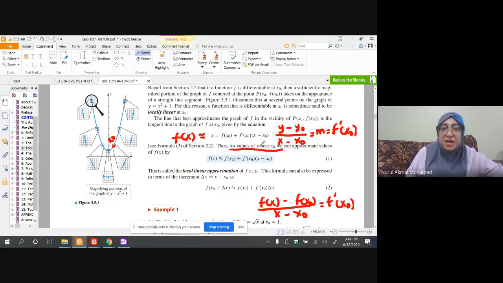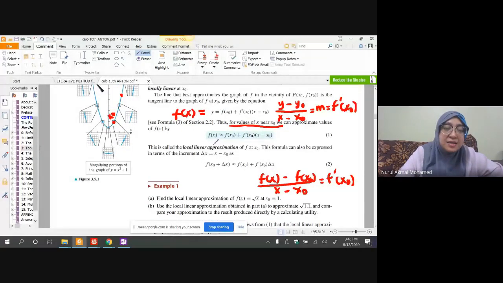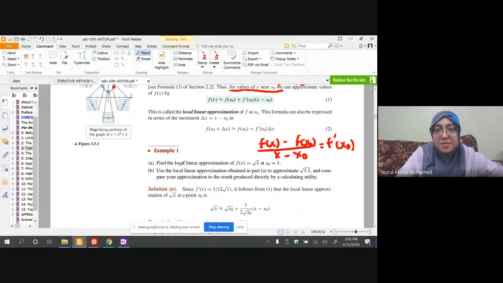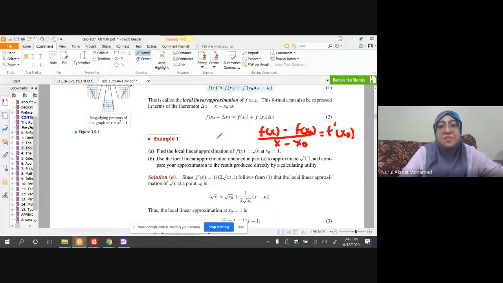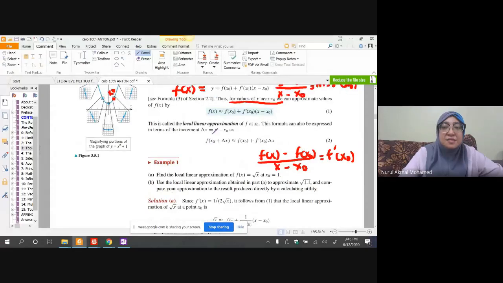If it is not close enough, so let's say the x is here, then we cannot say that f of x is approximately equal to f of x naught plus f prime of x naught multiplied with x minus x naught. Why is that? Let's look at an example so that it is easier for me to explain. Find the local linear approximation of f of x equal to square root of x at x naught equal to 1.